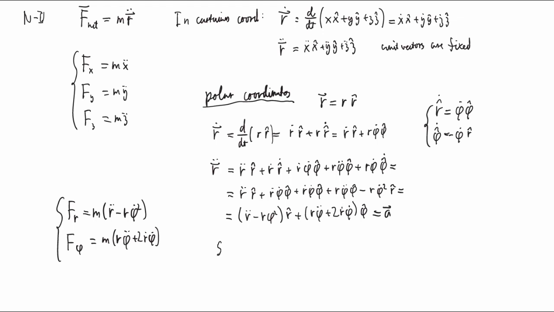So let's examine, just to give you some way of orienting yourself, the special case of the radial acceleration equals 0. Well, not only the radial acceleration, but also the radial velocity. So both the radial velocity and the radial acceleration equal 0. So this is now circular motion.